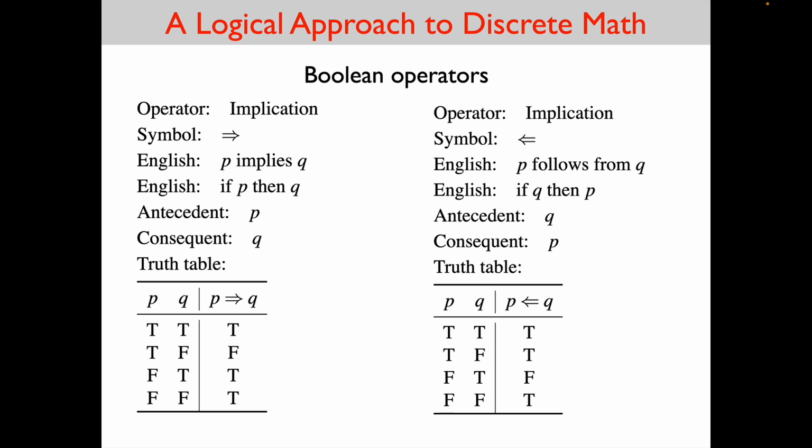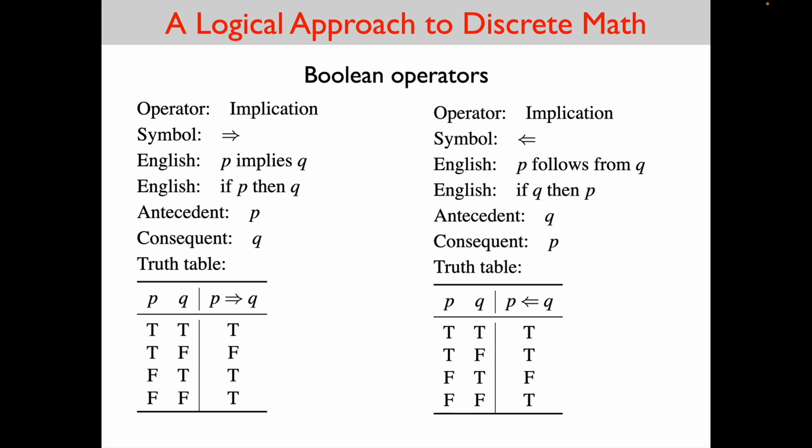Now it's important to understand which one is the antecedent and which one is the consequent. It's not that one is on the left-hand side and the other on the right-hand side. It's which side of the arrow it is on. In the truth table of P follows from Q, P is at the pointy end and Q is the other end.